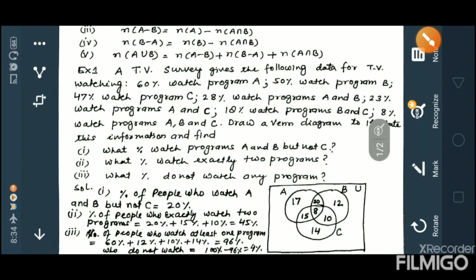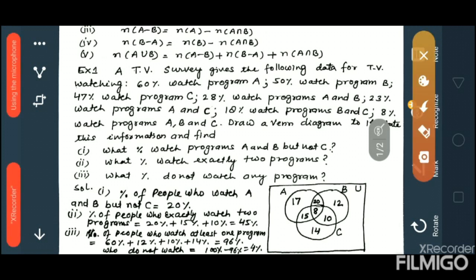Now to our third part, the number of people who watch at least 1 program. At least 1 program means union. Union means the sum of all the elements, meaning 17%, so we can write simply A here. A is how much? A is 60%.